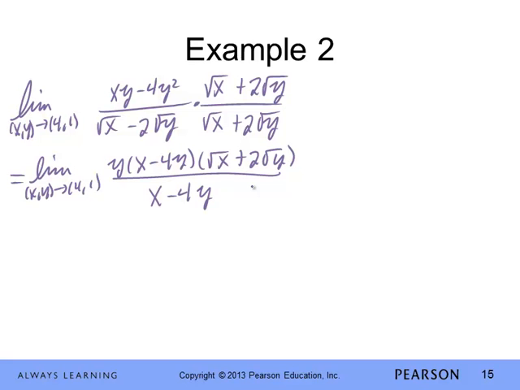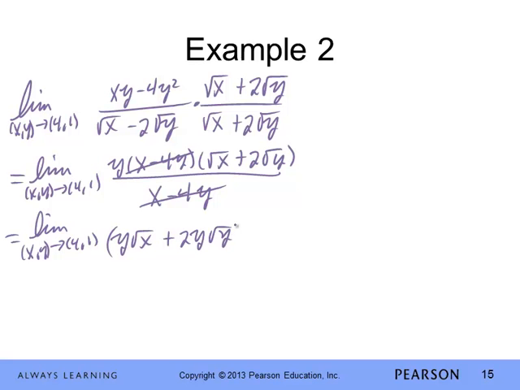You take a binomial times its conjugate, you get a difference of squares. We learned that from algebra class. Then you can cancel the x minus 4y's, leaving us with the algebraically equivalent function of y times the square root of x plus 2 square root of y.